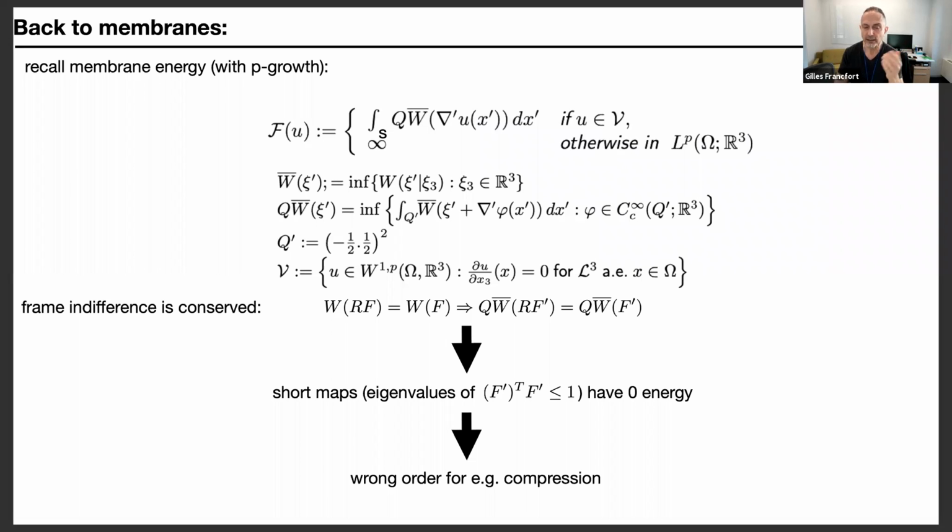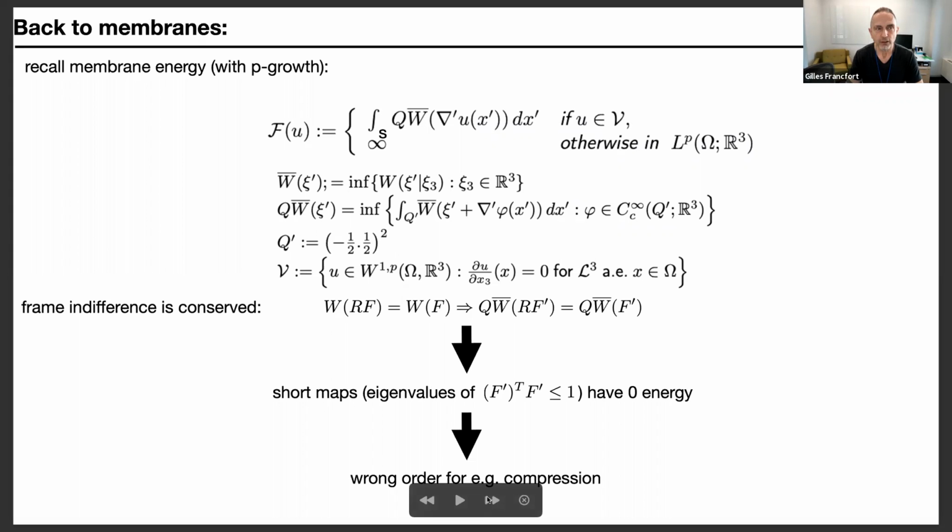That means it is probably not the right order for compression, which is intuitively what you think of when you think of a membrane. A membrane is something you stretch, not something you compress, right? I don't know if that's the right way to think about it, but anyways.